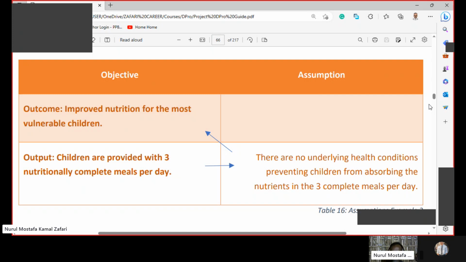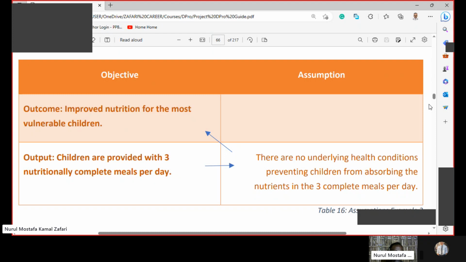But the children have a viral infection, or there are some other illnesses that stop them absorbing the nutrients. Maybe they had filariasis, or another underlying health condition that prevents them from absorbing the nutrients. So the outcome is improved nutrition for the most vulnerable children.